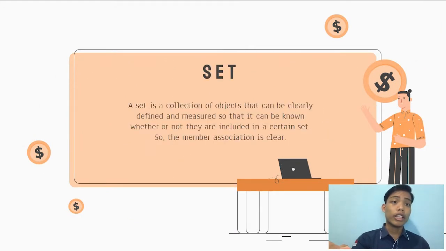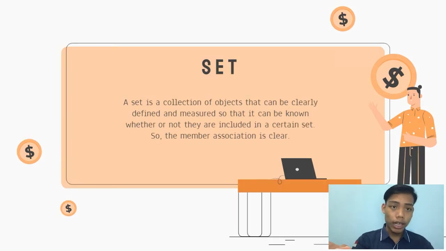Okay, for the first one, I want to explain about sets. A set is a collection of objects that can be clearly defined and measured, so that it can be known whether or not they are included in certain sets.